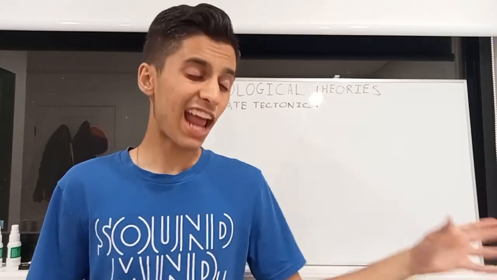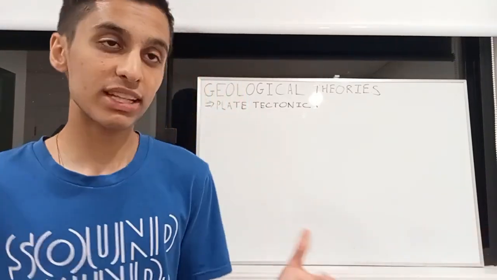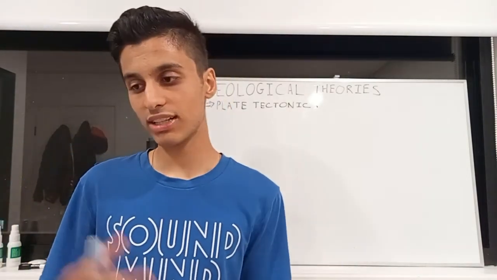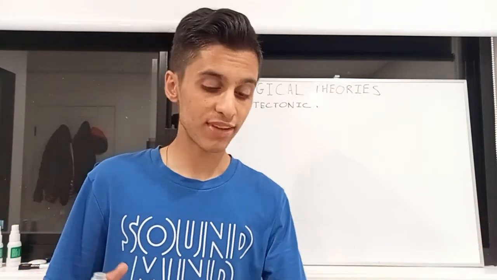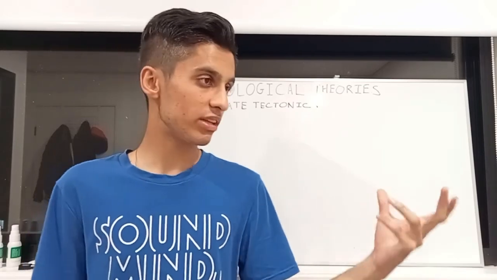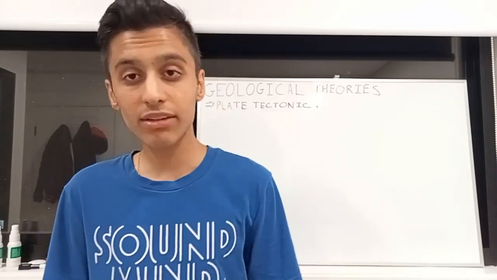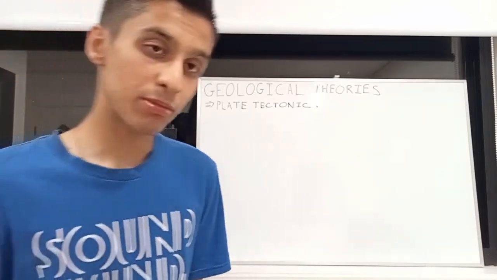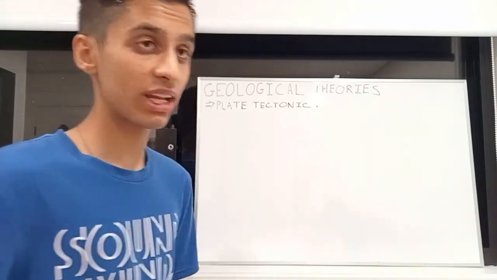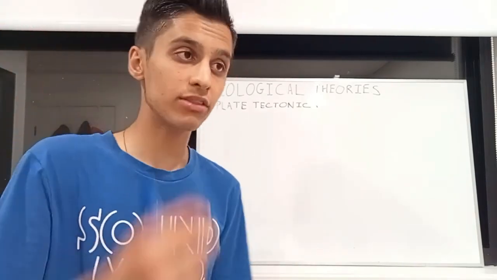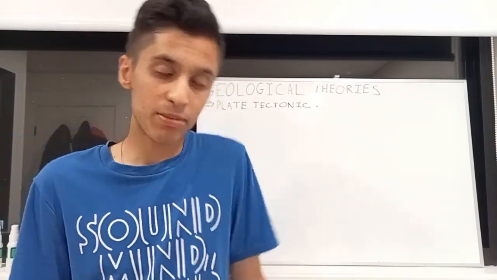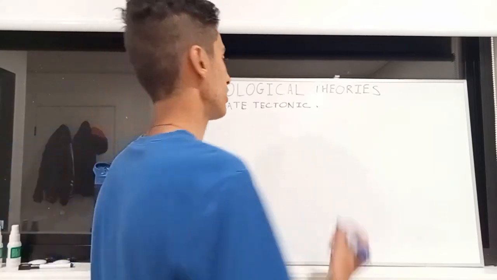It's the most important one, and it's formed by taking information from convection currents and seafloor spreading and combining them to come up with this theory. This is the theory that can be used to explain seafloor spreading and convection currents, and this can be done vice versa as well. Plate tectonics was a theory proposed by a person called W. J. Morgan.